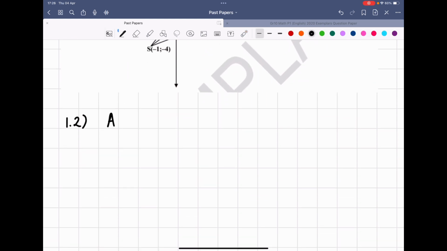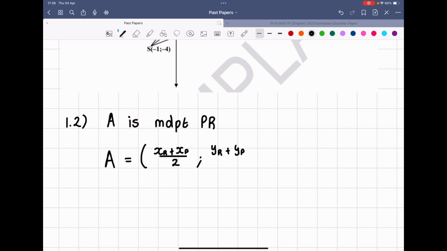So I'm going to write A is midpoint PR, and so A is going to have the coordinates xr plus xp over 2, halfway between the x coordinates, and yr plus yp over 2, halfway between the y coordinates.